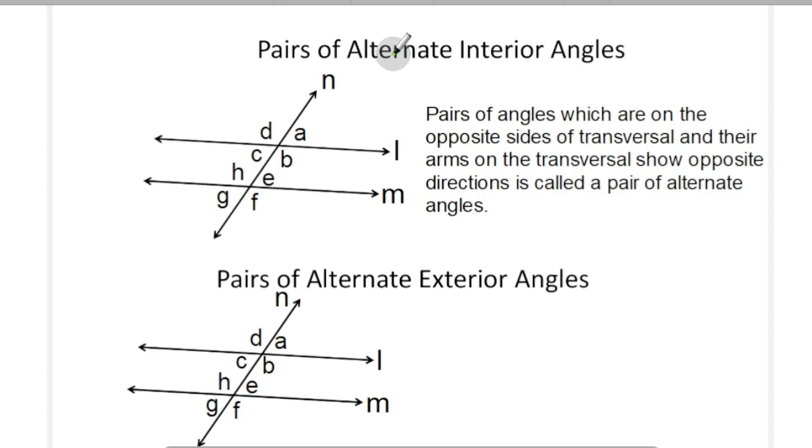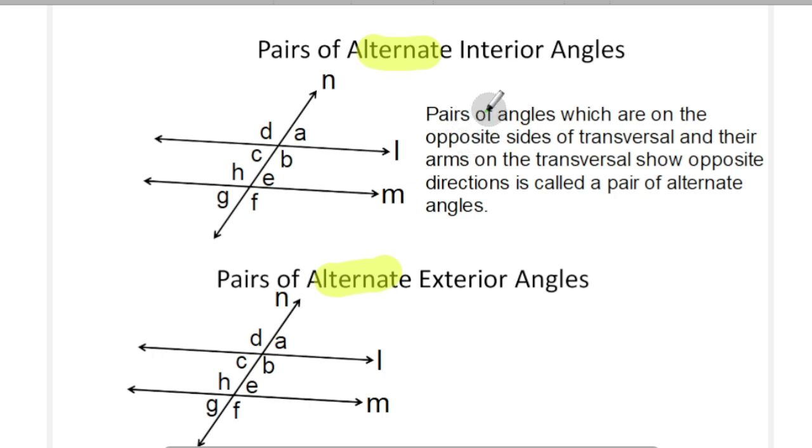Now pair of alternate angles. See, alternate angles are of two types: alternate interior angle and alternate exterior angle. First we will see what is an alternate angle.